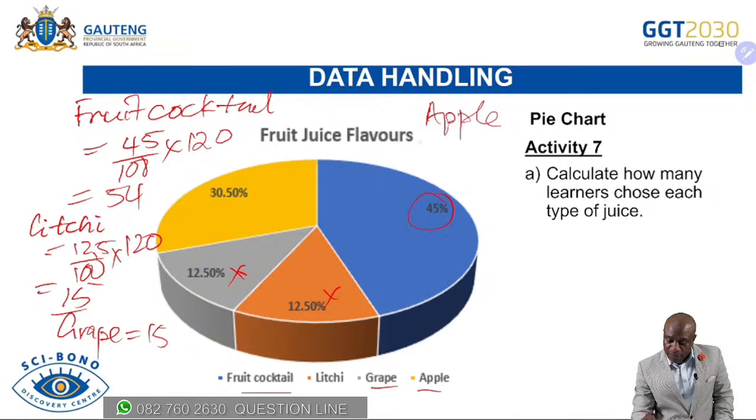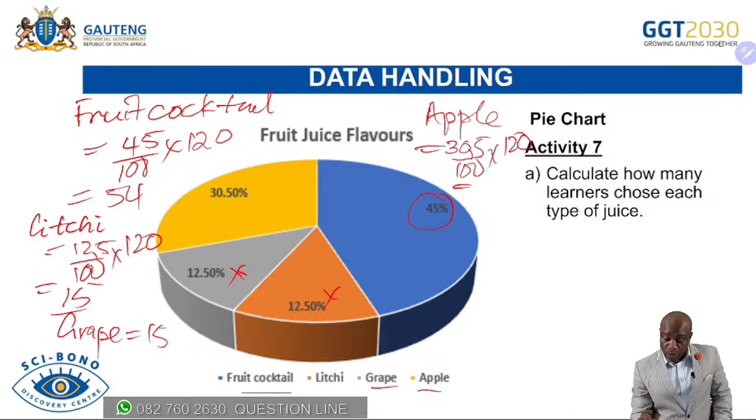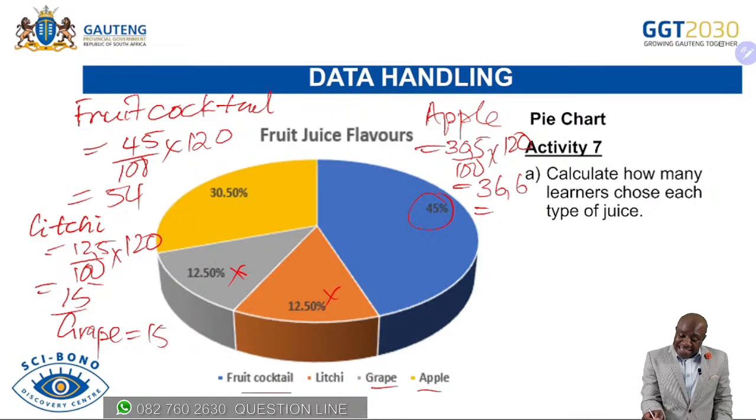So the apple flavor had 30.5 over 100 times 120. And if you multiply there, we have a problem, because we're getting 36.6. Remember, this is number of learners, and it's 36.6, we have a problem. So what do we have to do? Because remember, this data is now processed, and sometimes it will not give you exact numbers.